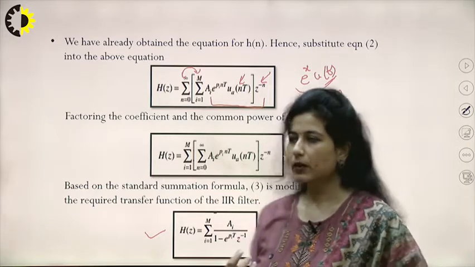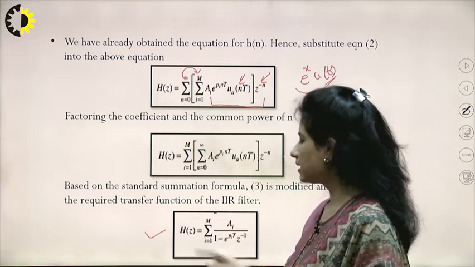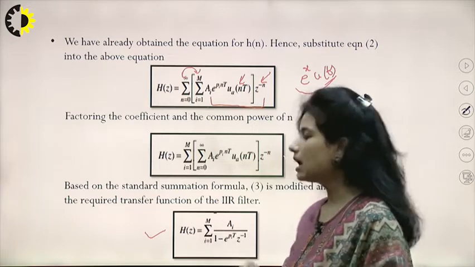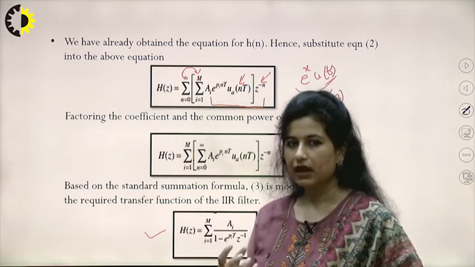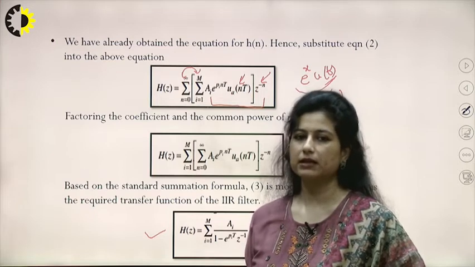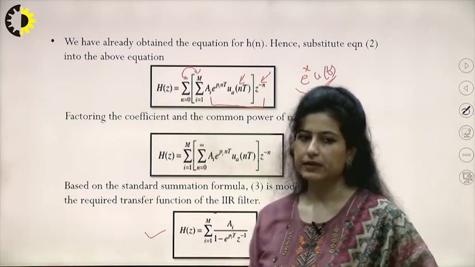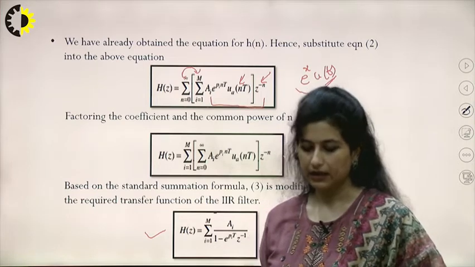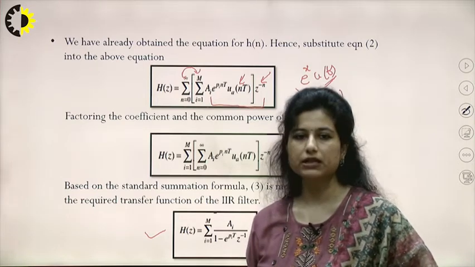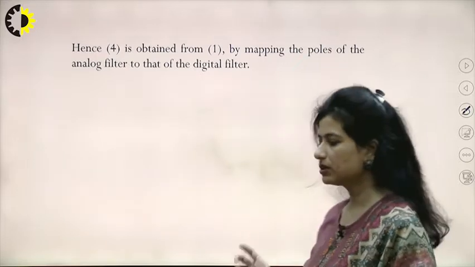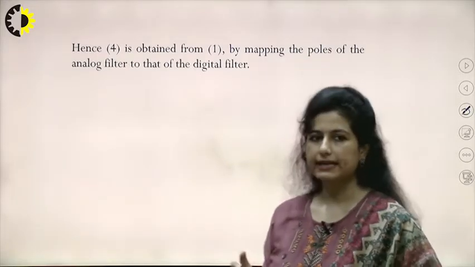In the first equation, I was working with the s factor. Here I am working with the z factor. So finally, after performing these two or three mathematical permutations, I am able to create a function which represents my digital IIR system.